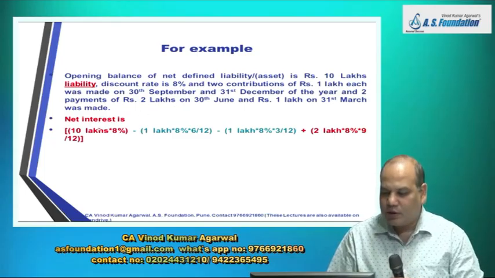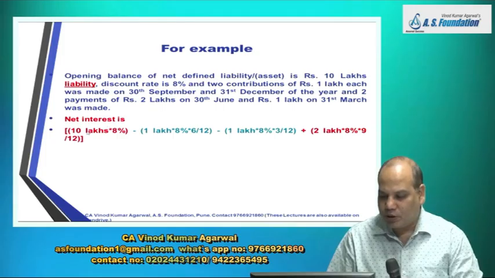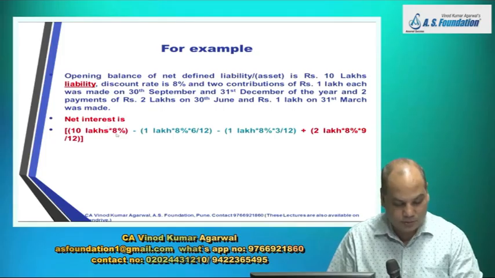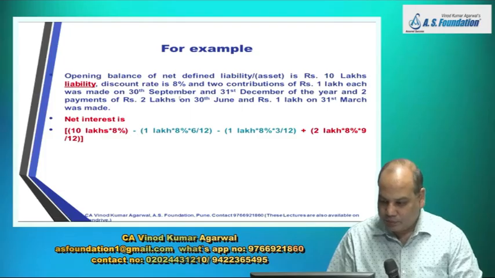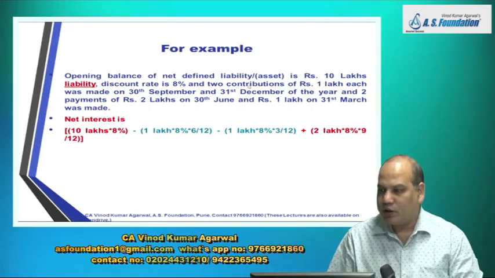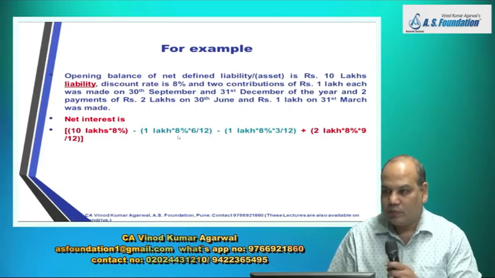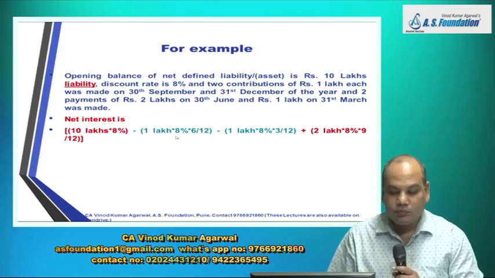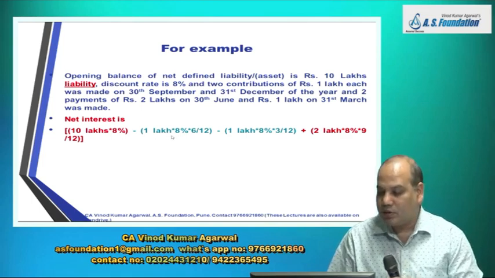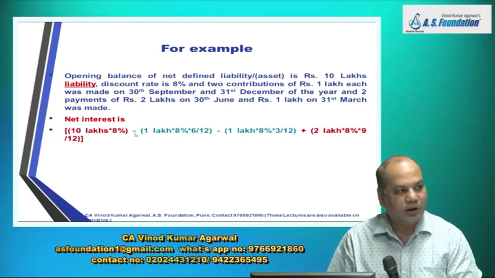my opening balance is a liability, so I will have interest expense on opening balance of 10 lakh into 8%, minus, now if I am making contribution in the plan asset, it means my plan asset will go up. I will earn interest. This is expense, this is income, therefore minus sign.